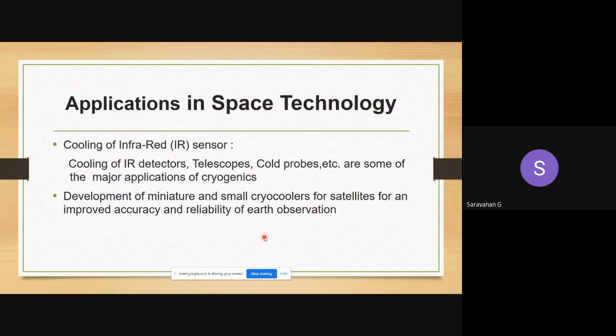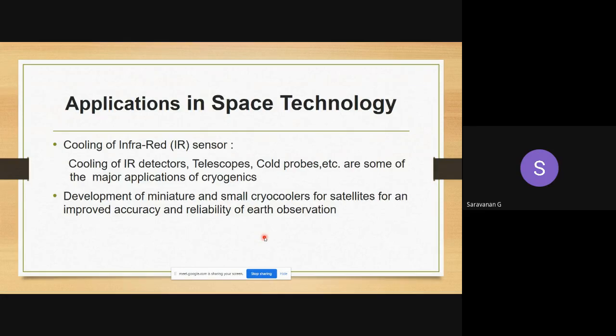Similarly, we have already discussed detectors, telescopes, and probes. Cooling of infrared sensors is also very important for the sensitivity of the system. That is also an application in space technology. We are developing small cryocoolers that can be used for satellites to improve accuracy and reliability in Earth observation.